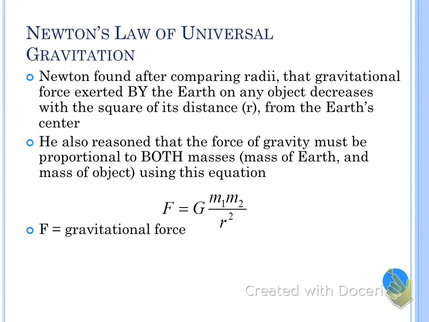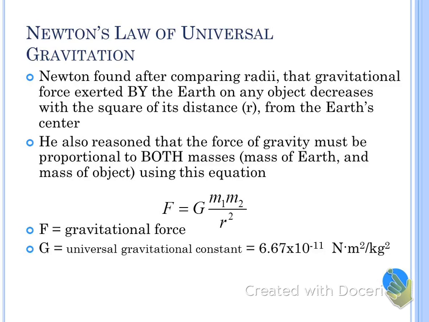It's the gravitational force between two objects, whether it's the Earth and an object or two objects sitting next to each other. Big G here is called the universal gravitational constant, and it has this value: 6.67 times 10 to the negative 11th newton meter squared per kilogram squared.